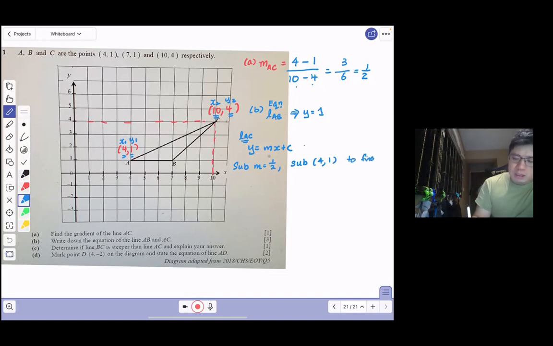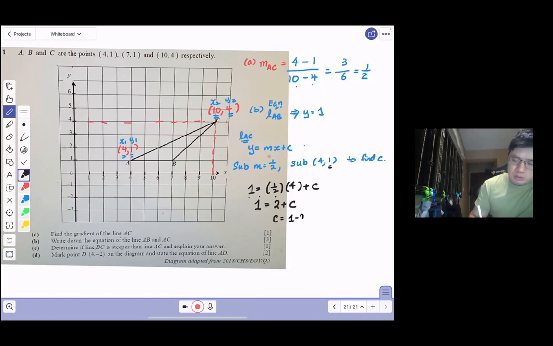Remember, for the equation of the line y equals mx plus c, you substitute m and a point. You are given a gradient and a point to find your c. So that's what I do. My y is 1, my gradient m is half. So 1 equals half times 4, which is 2, plus c.